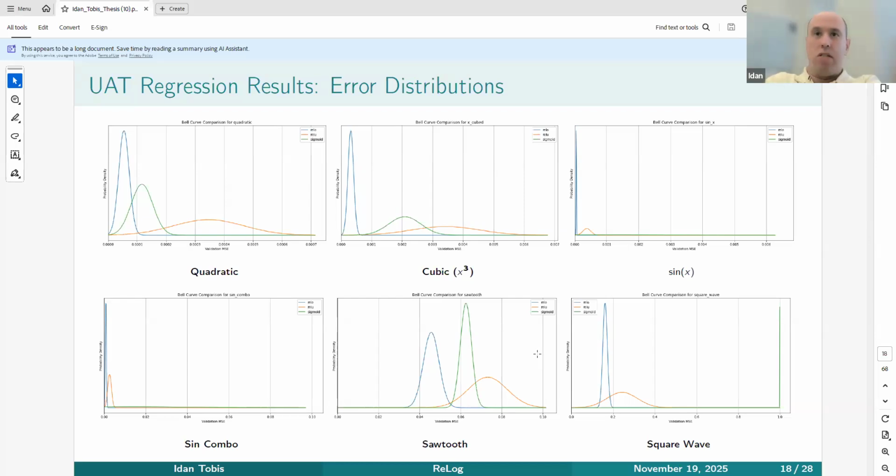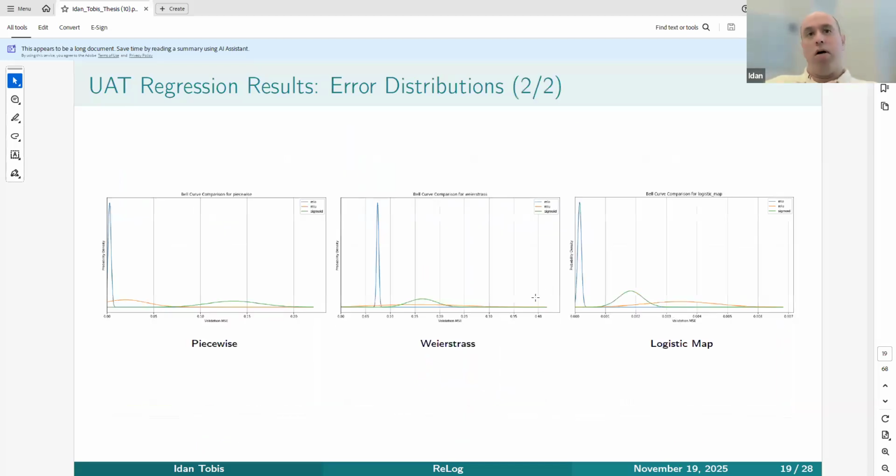Other than in sawtooth, where the sigmoid for some reason had a smaller variance, the variance of ReLog was much lower in all cases. This is especially pronounced in the non-continuous functions like piecewise, Weierstrass, and logistic map.